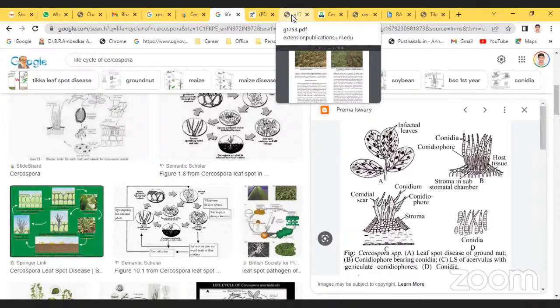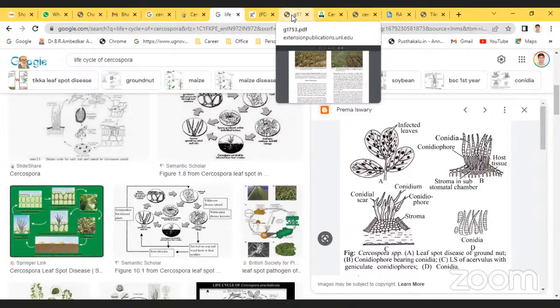When the farmers cultivate these seeds, they provide some water, some nutrients from the soil. Then it immediately germinates when the conditions are favorable. It automatically germinates into new Cercospora.